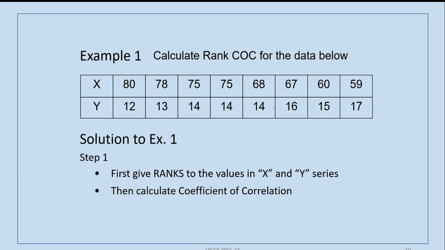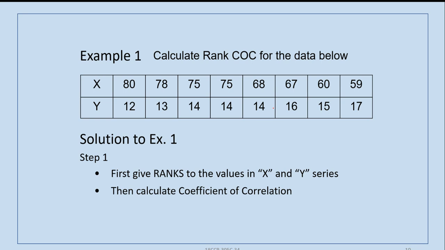So we will assign the ranks for the X series now. We will start from lowest to highest. So the lowest number will get 1 and the highest number will get the maximum. That is, we have 8 variables, 8 pairs. That is, last we will get 8. So we should not exceed 8, or reduce it to another number.